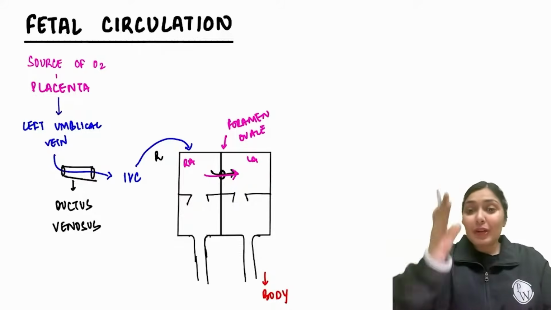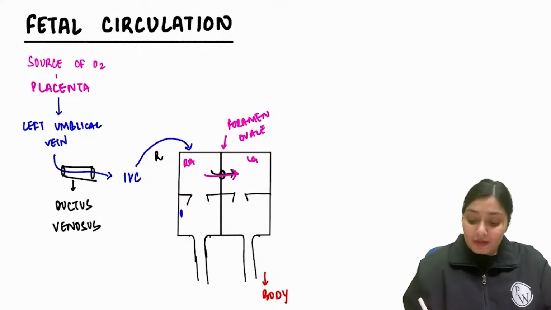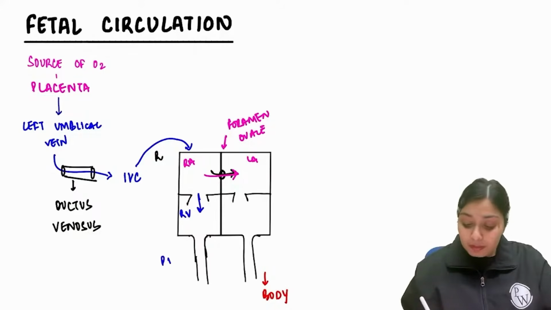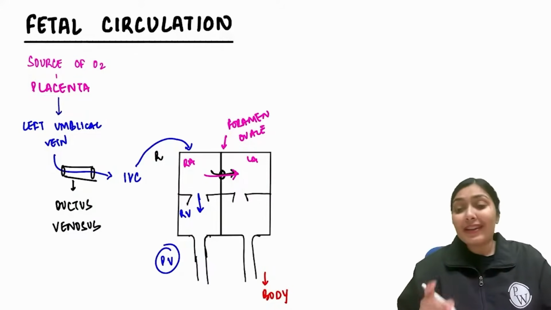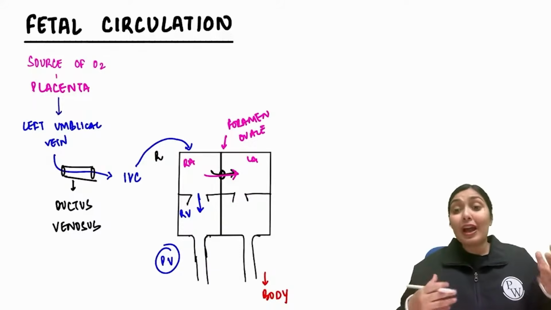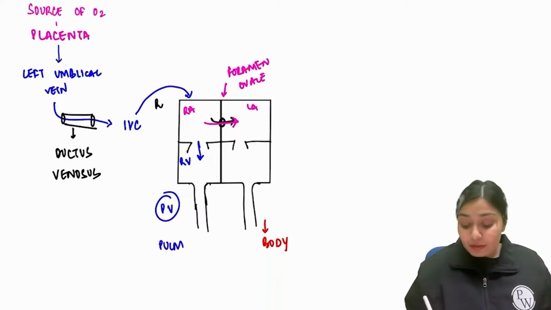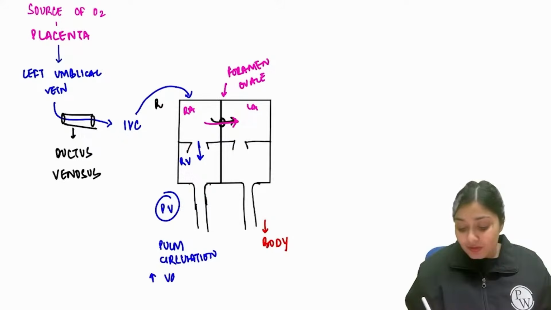Now the remaining blood will go down into the right ventricle. From the right ventricle, it should go into the pulmonary artery. But in fetal life, I told you the lungs are not functional. The pulmonary circulation has very high pulmonary vascular resistance.